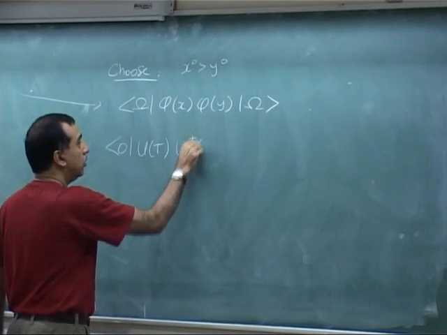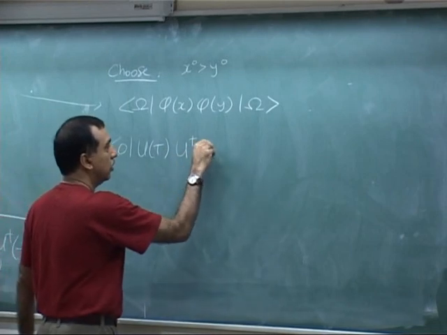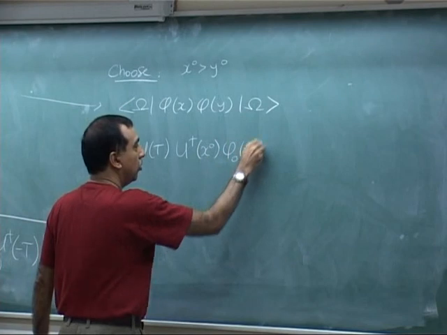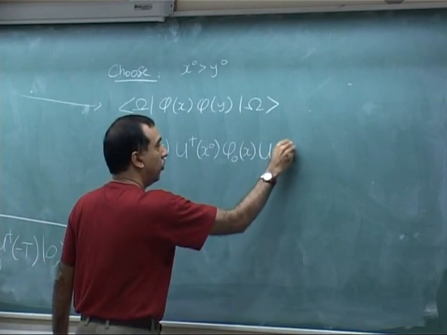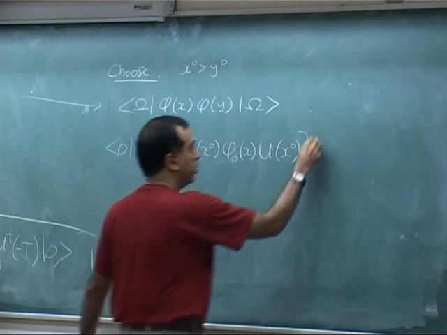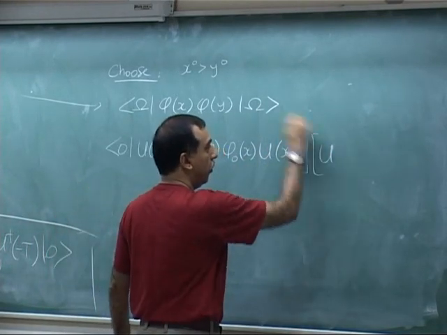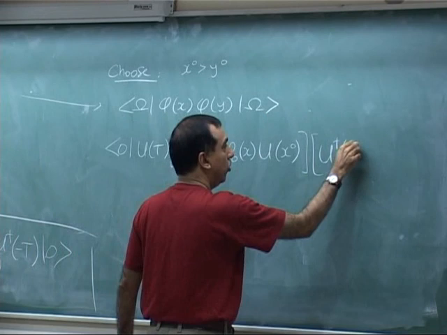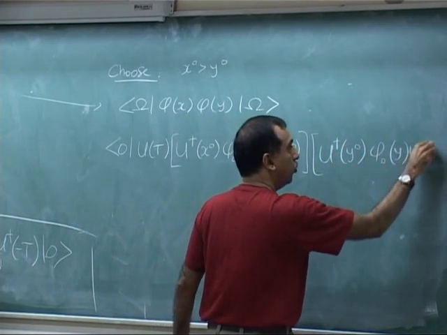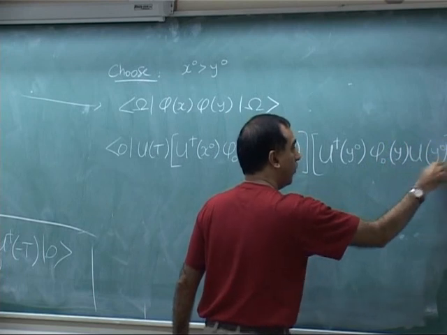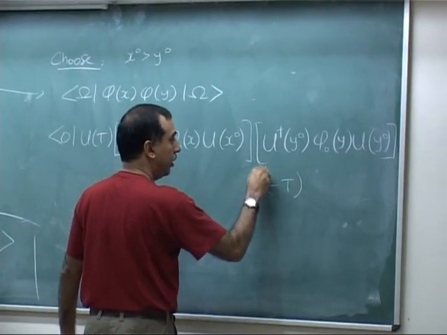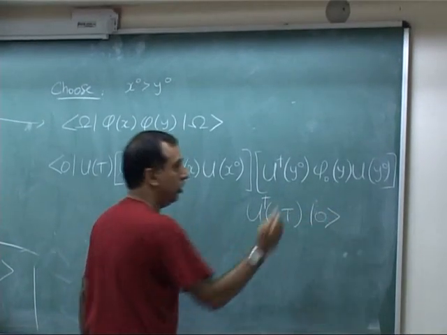It's U dagger of x naught, phi naught of x, U of x naught. The next one, phi of y, is U dagger y naught, phi naught of y, U of y naught. And finally at the very end, U of minus t dagger 0.